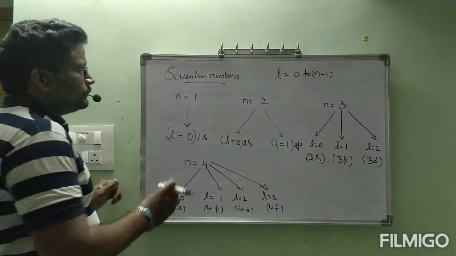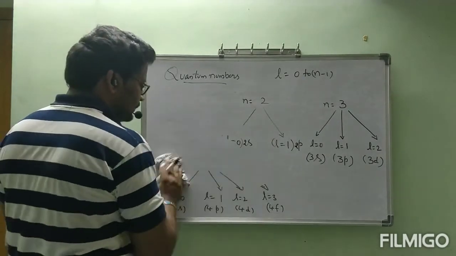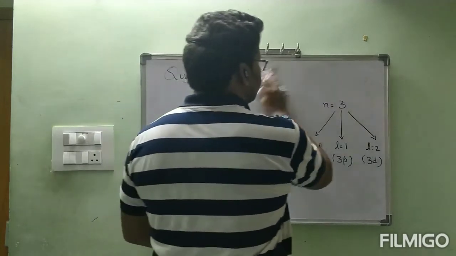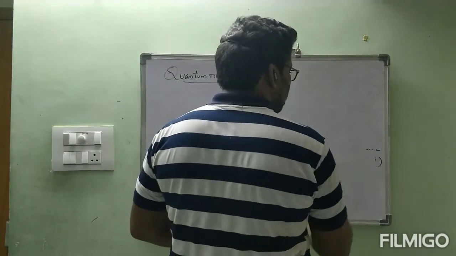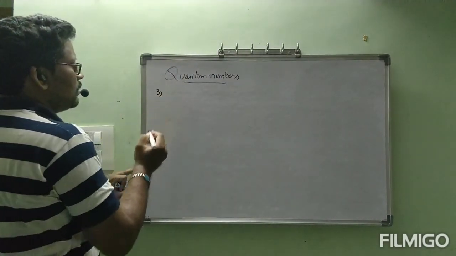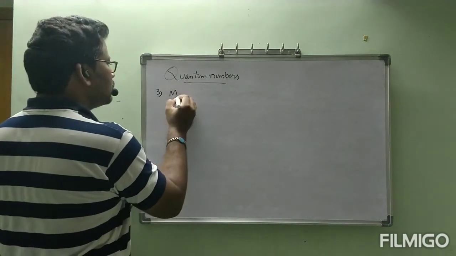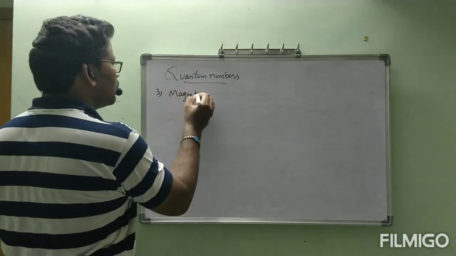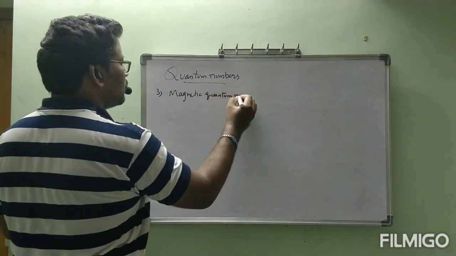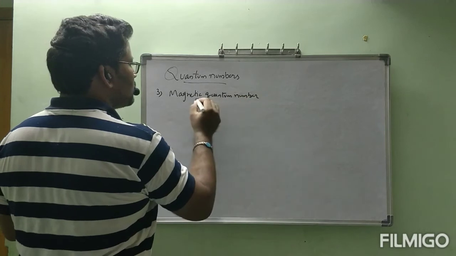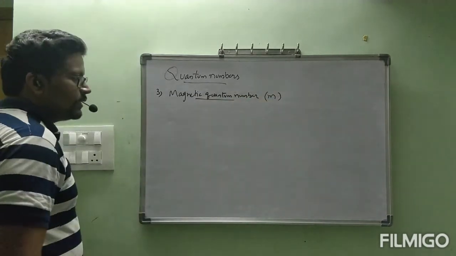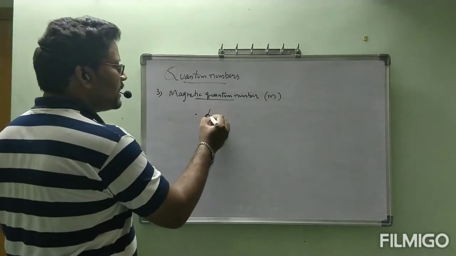Third one, magnetic quantum number. Magnetic quantum number is represented by small m. It was proposed by Landé.